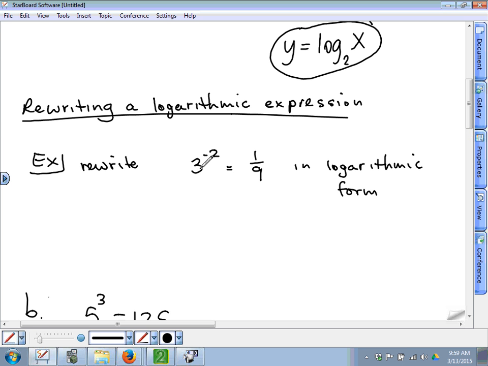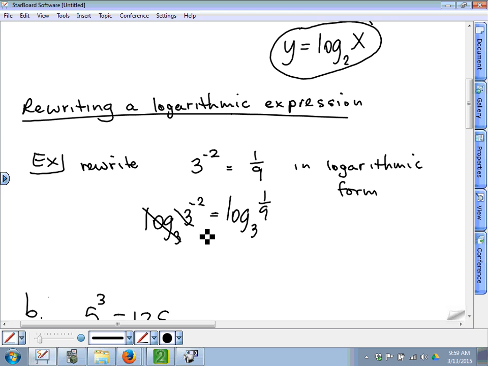Yes? But it's only an exponent because it has a base. You follow it? If this base weren't here, would this be an exponent any longer? No. So what cancels a base of 3? So you would write this as log base 3 of 3 to the negative 2. But then don't you have to do a log base 3 on the other side? What does a log base 3 do?